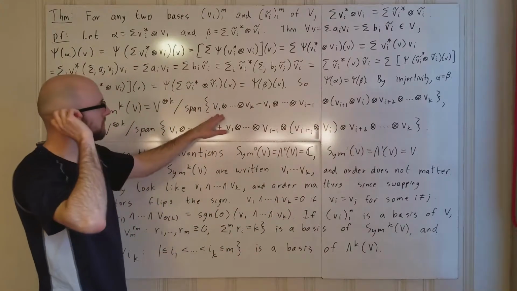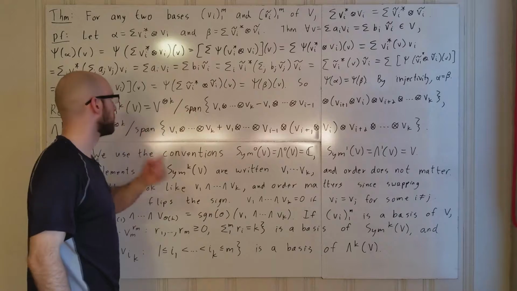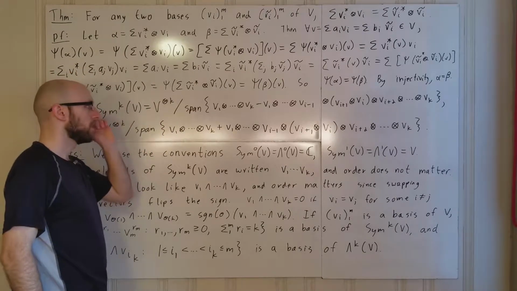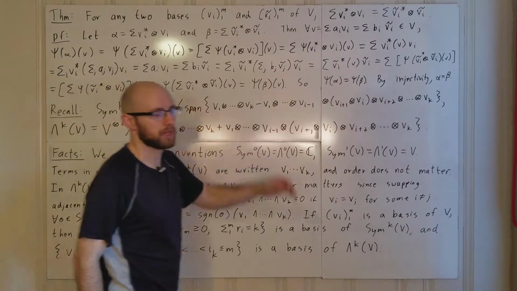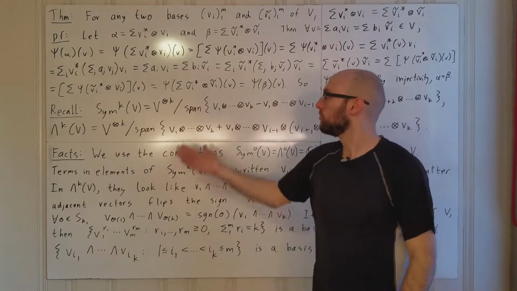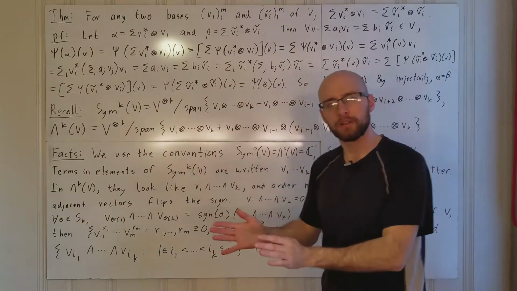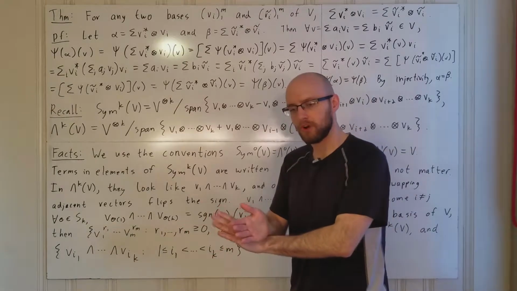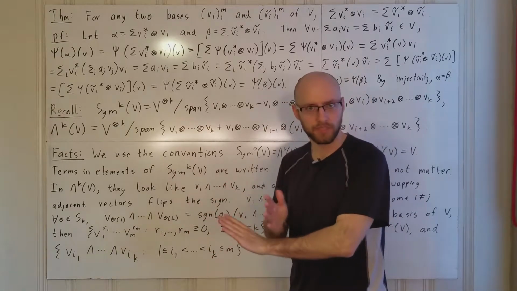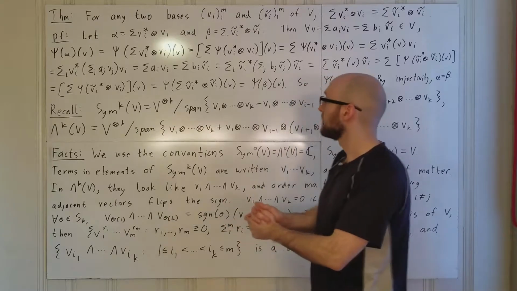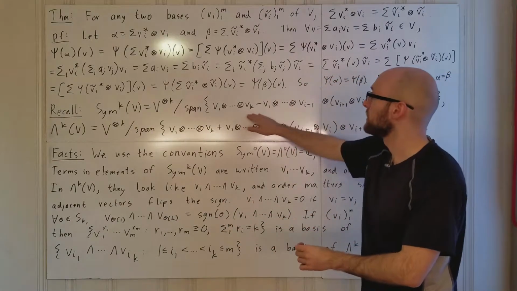And so of course V1 through Vk are all elements of V. And what happens when you quotient by this span is that if you take an element and flip any two of its adjacent entries, those two things are going to be the same.